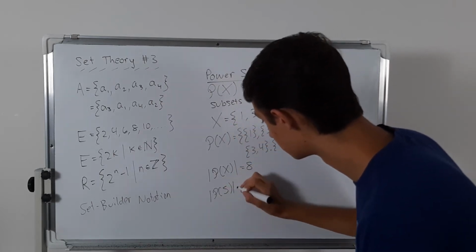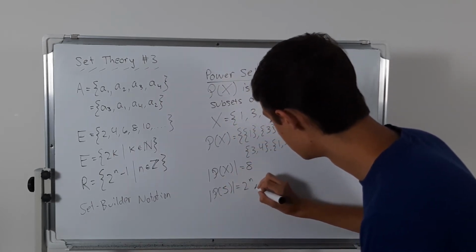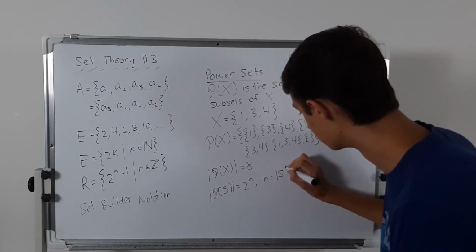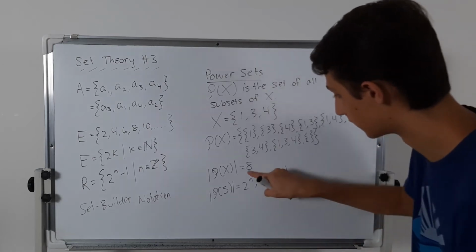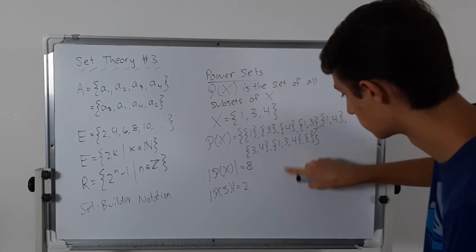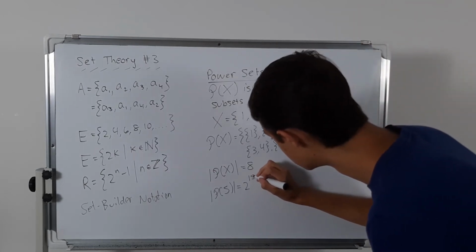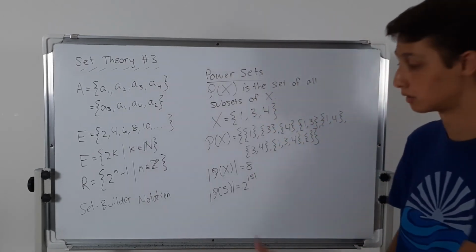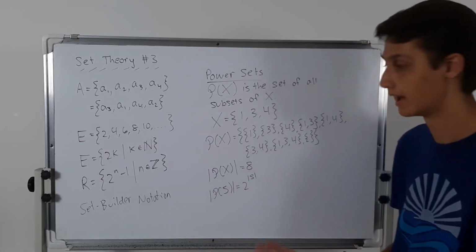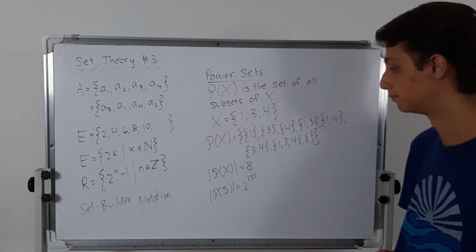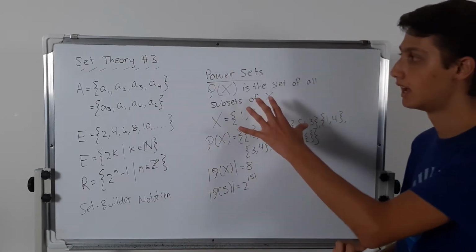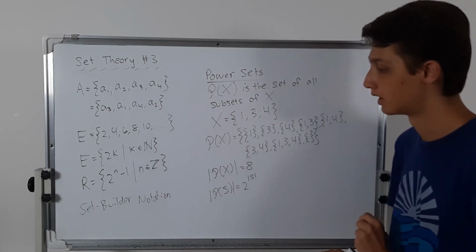The size of the power set of S is 2 to the n, where n is just the number of elements of S. So in other words, we can write this as 2 to the size of S. Just like that. And another way to denote the power set is just 2 to the S. You can write it that way. But yeah, so that's about power sets. You basically take any combination of them.